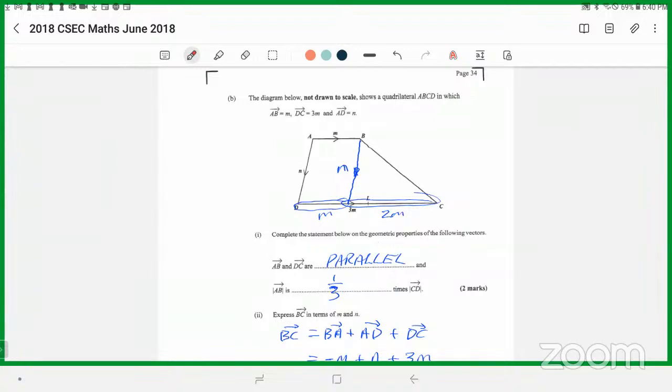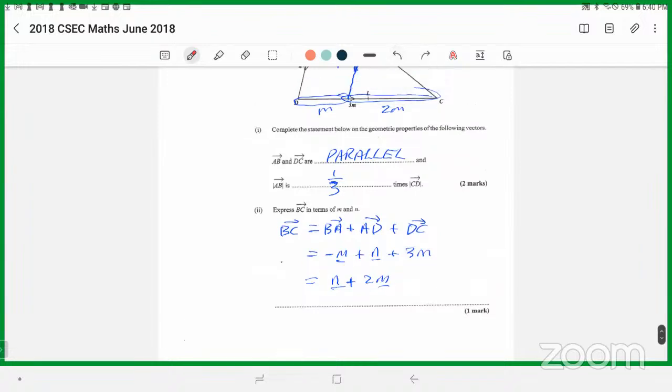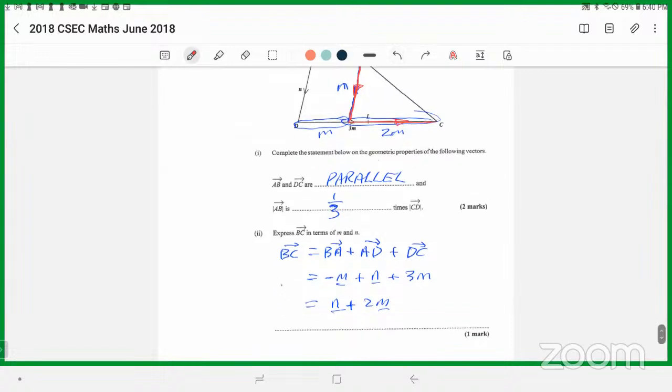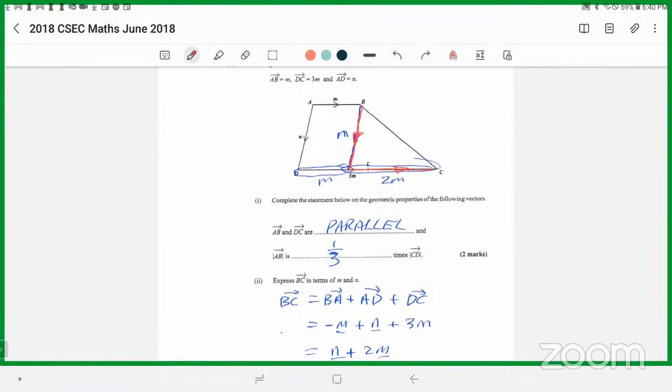I'm just talking about how you could go from B to C. You're checking if this answer makes sense. N plus 2m, yes, it makes sense. I come down n this way, and then go 2m this way. That will take me from B to C. So the answer makes sense. See that?